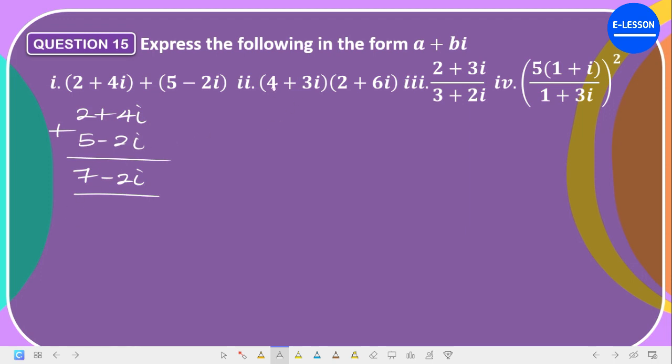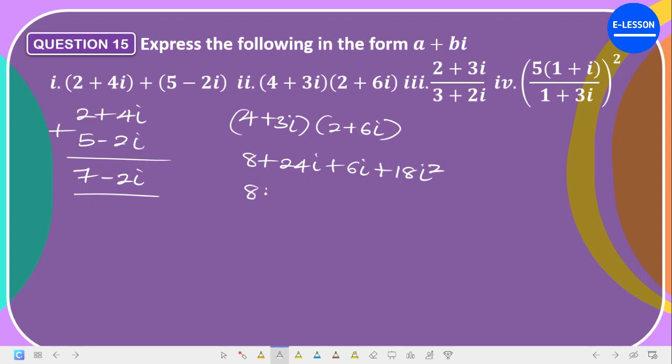Now this one says multiply. You are going to use this one to open the bracket. So you have 4 plus 3i, brackets, 2 plus 6i. 4 times 2 is 8. 4 times 6i is 24i. Plus 3i times 2 is 6i. Plus 3i times 6i is 18 i squared.